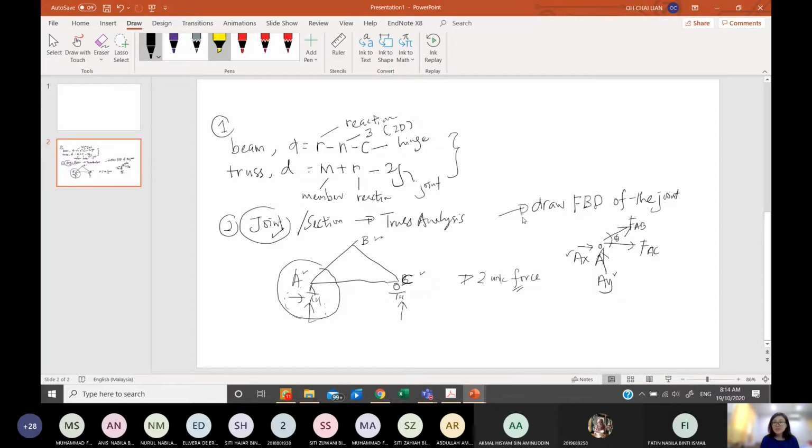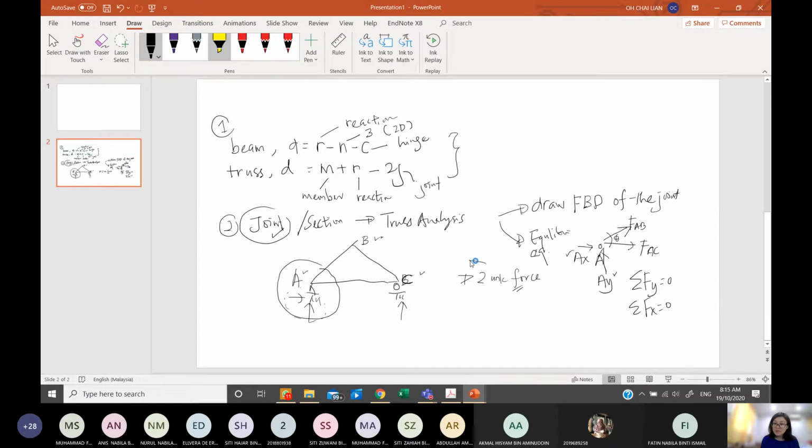Then the second step is to use the equilibrium equations. Just to recap quickly, from here we use summation Fy equals 0 and summation Fx equals 0.